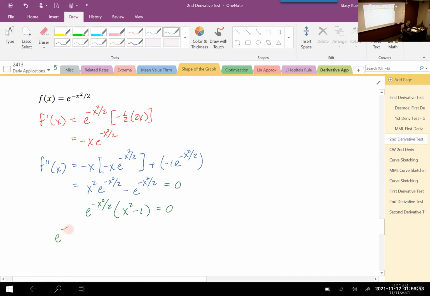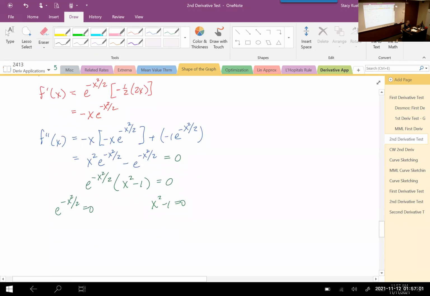So e to the negative x squared over 2 equals 0. x squared minus 1 is equal to 0. Here I can take the natural log of both sides. And I would end up with negative x squared over 2 is equal to the natural log of 0.